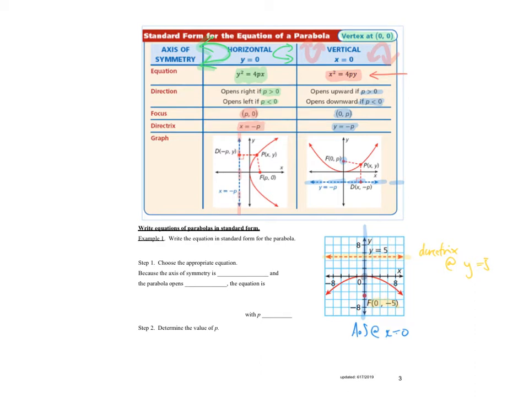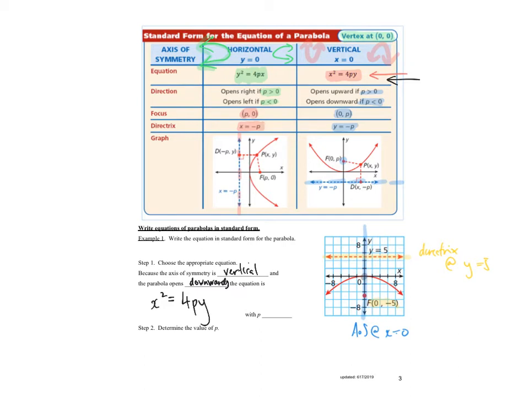So first things first, we need to extract some qualitative information from this graph to make sure we start off with the right flavor of equation. Because the axis of symmetry is vertical, and we can see the parabola opens downwards, we have a vertical parabola, so we're expecting our equation to look like this guy up here, x squared equals 4py.